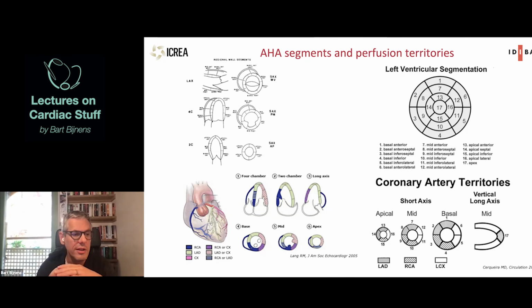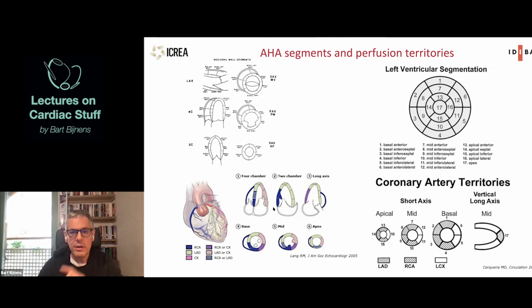That's what I mentioned at some point: when we look at strain and average it in these segments, we might average different coronary territories. Then if one artery has a problem and the other does not, we are actually mixing substrates in some ways.